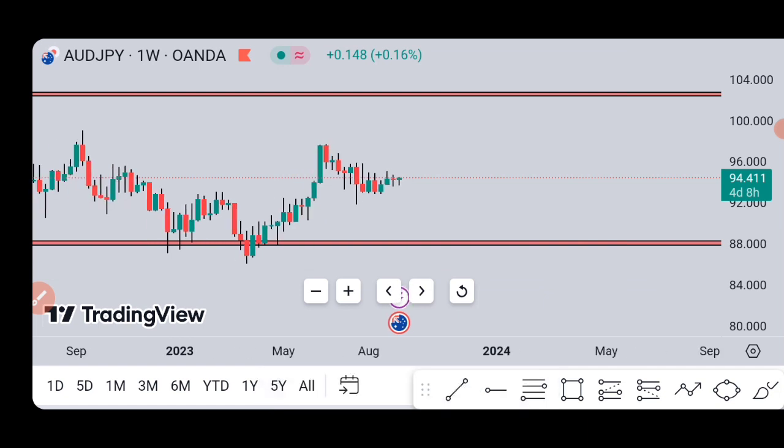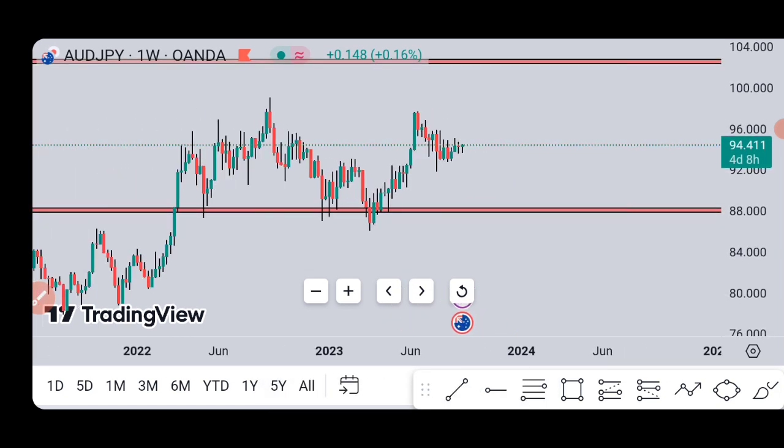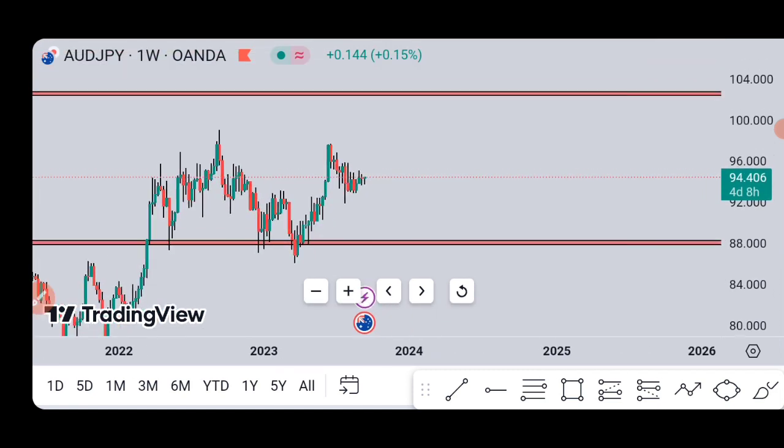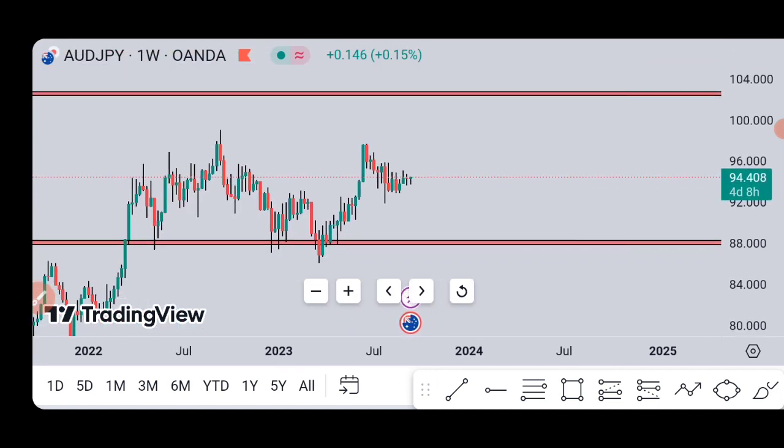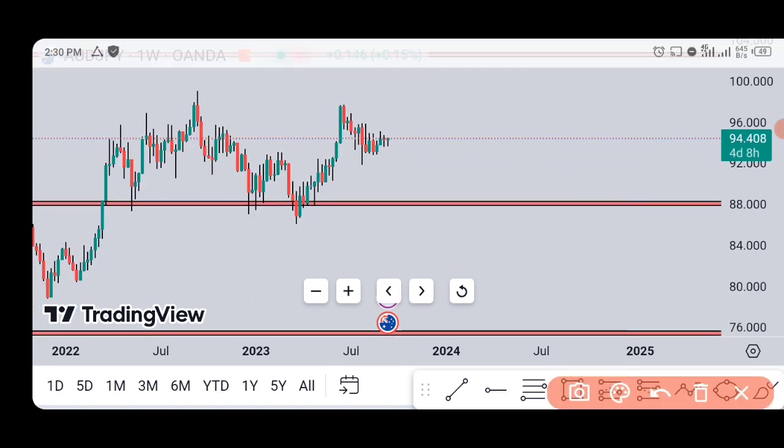This is my weekly time frame, and on the weekly time frame, we have this impulse correction. Sorry, we have our move from here. This is our A, B. We did our C before seeing our D. It's as simple as that.